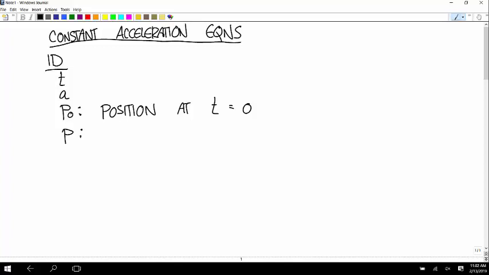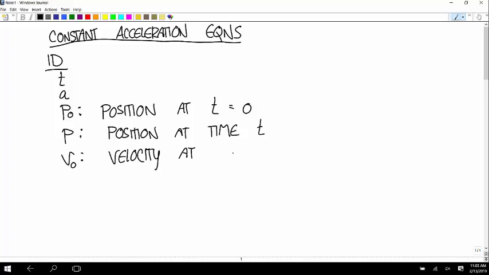Then we have p, that's the position at time t. Then we have v0, that's the velocity at time equals 0.